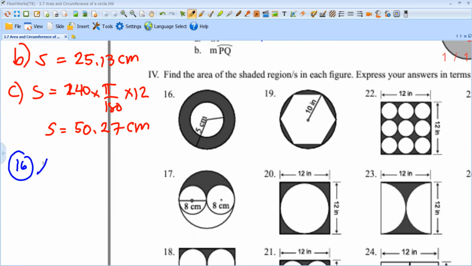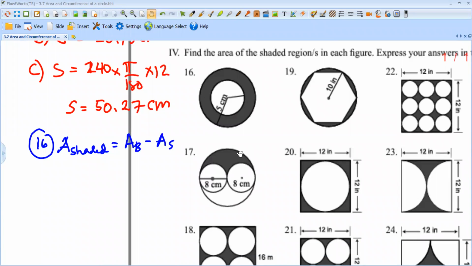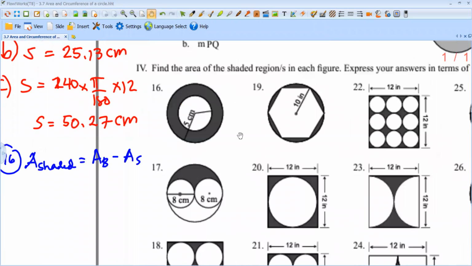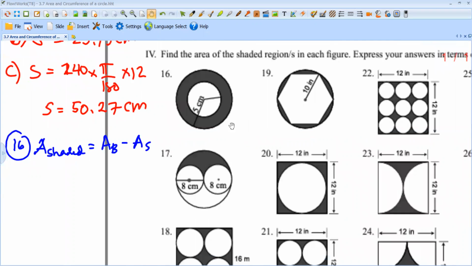So area of the shaded is equal to area of the bigger circle minus area of the smaller circle. Okay. And express your answer in terms of pi. What is the radius of the circle here?